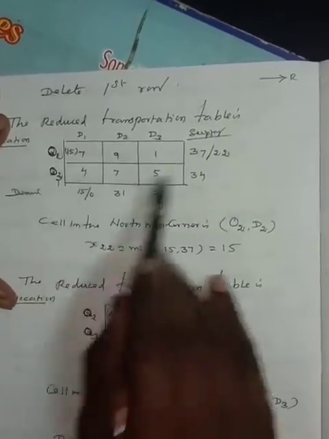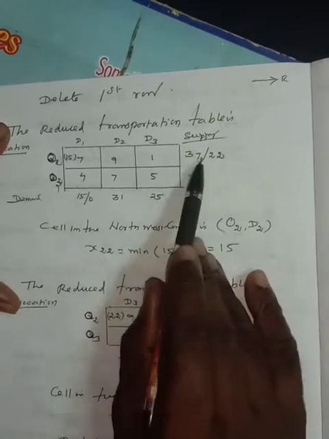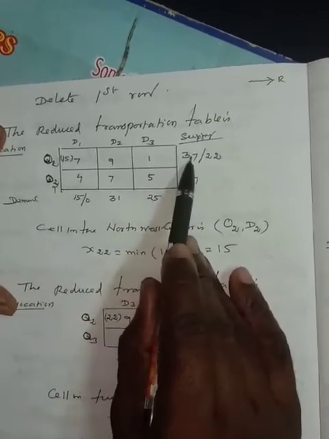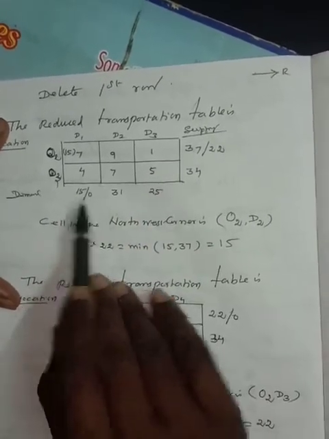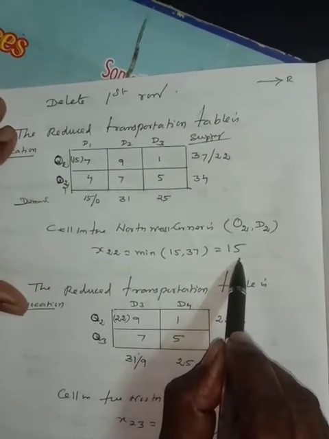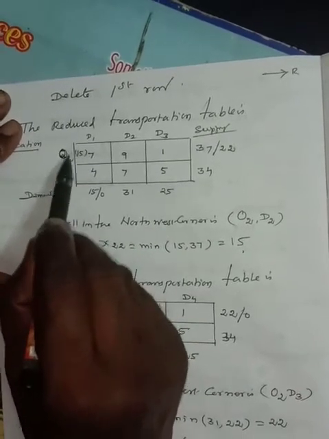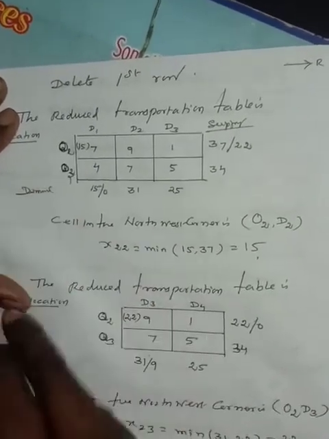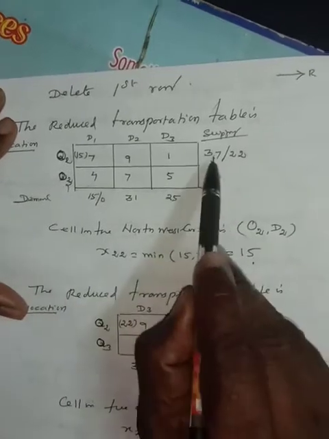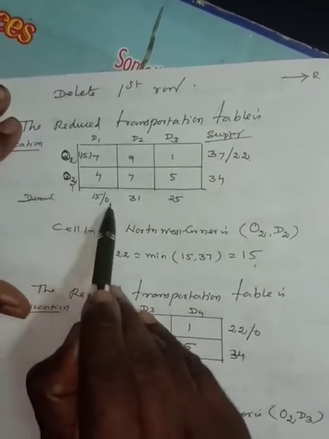The minimum of 15 and 37 is 15. Put 15 in the first box. 37 minus 15 is 22, and 15 minus 15 is 0.